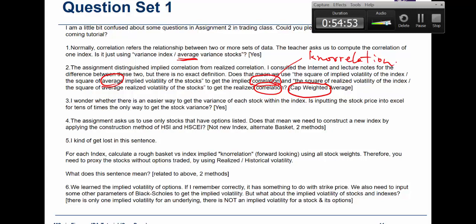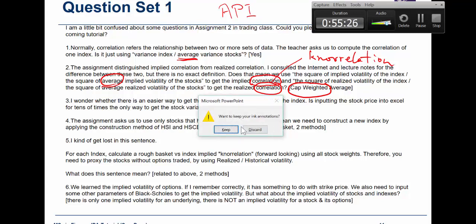Number one, your best bet is probably to go to Bloomberg in the trading lab. You start up Bloomberg and you start up Excel at the same time. There is an Excel Bloomberg add-in, and you need the API interface. You should be able to find that somewhere on the spreadsheet.